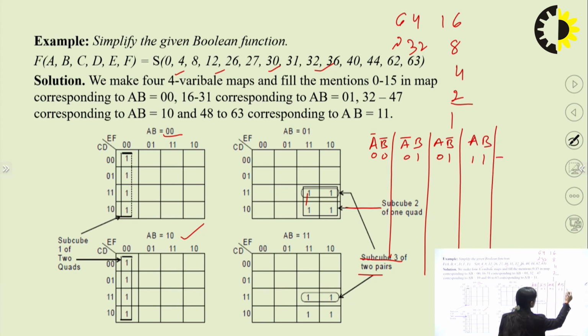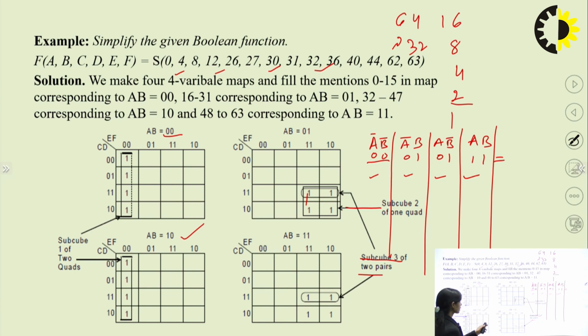And after that we are going to sum up all these in the same manner as we had done in the 5 variable K-map. So corresponding to 00, we are going to write the minimized form for A bar B bar, A bar B, A B bar and AB. If it is present here, we will substitute 1 here. If it is not present, we will substitute 0.